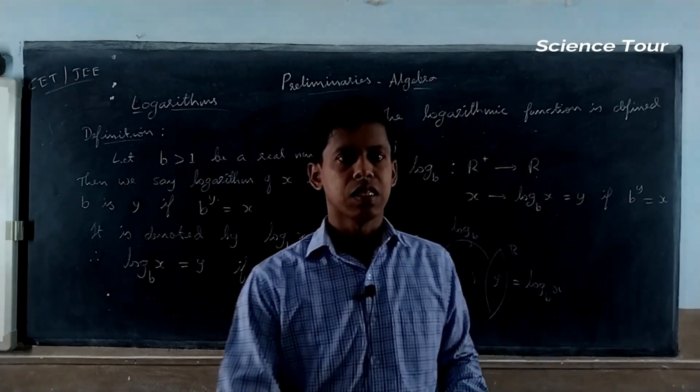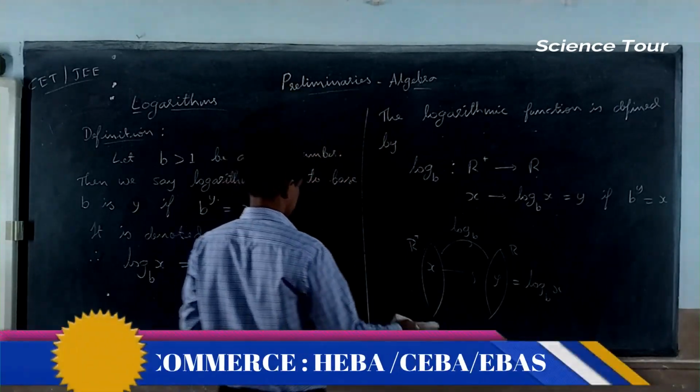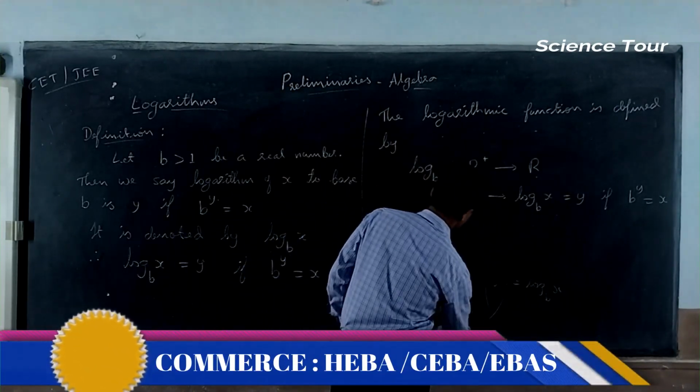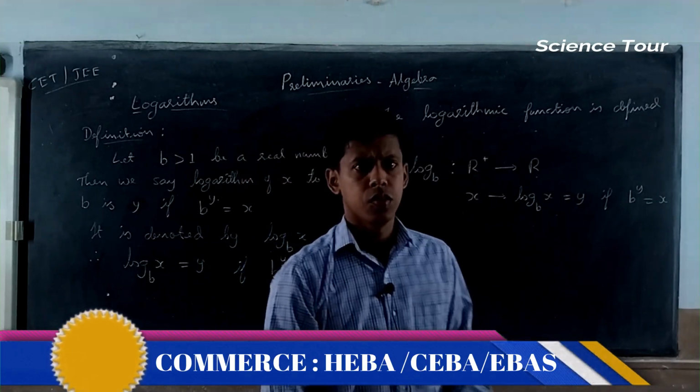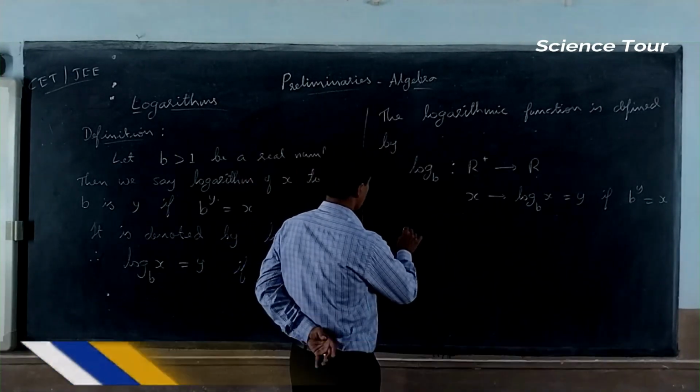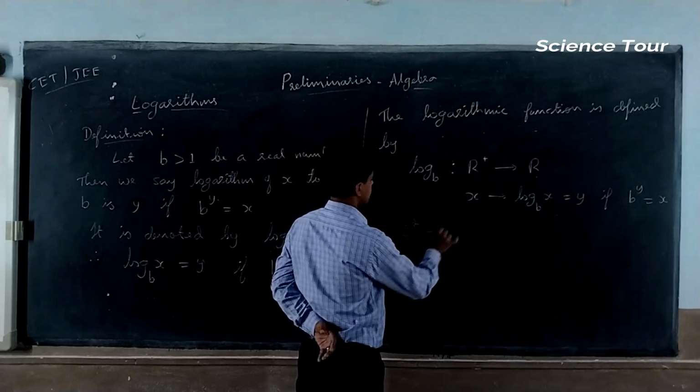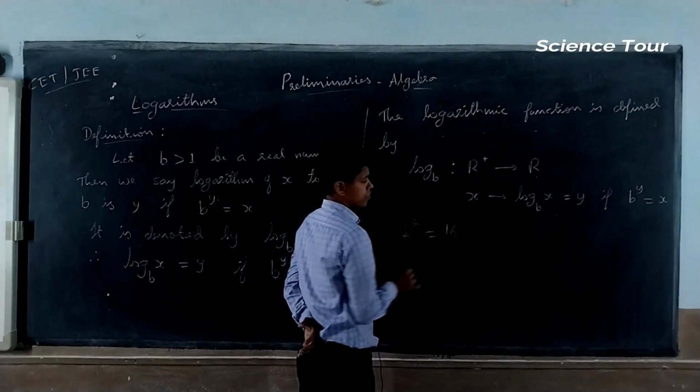Now let us take some examples to understand this better. Now you know that 4 square is 16, a simple example.